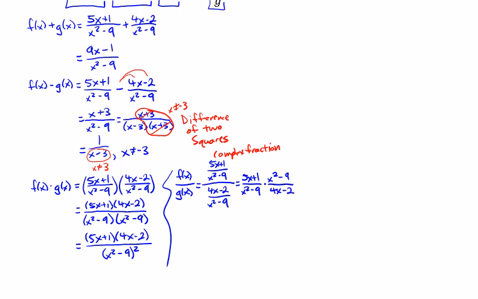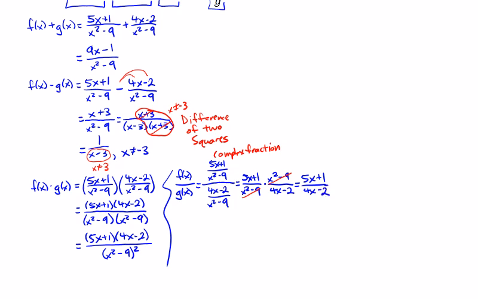So I keep the original numerator, I change the operation, and then I flip or reciprocate the denominator. Now the cool thing about this is that now we can have x squared minus 9 as a common factor in top and bottom to cancel out. So then our statement just reads 5x plus 1 over 4x minus 2.